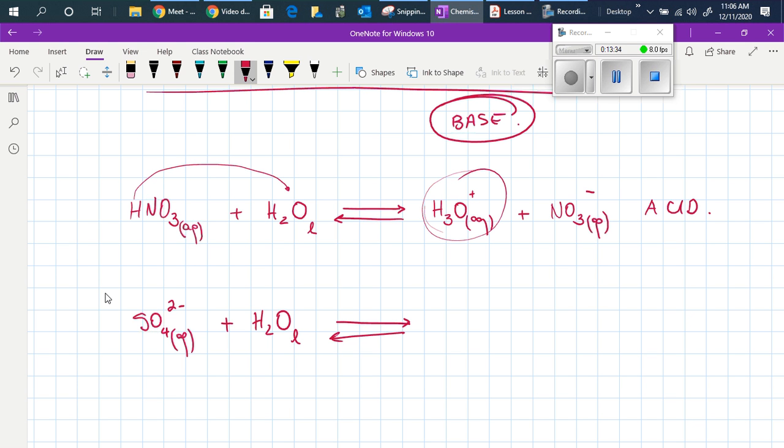The hydrogen is stolen by the SO4 to form, we have it there, HSO4 minus.